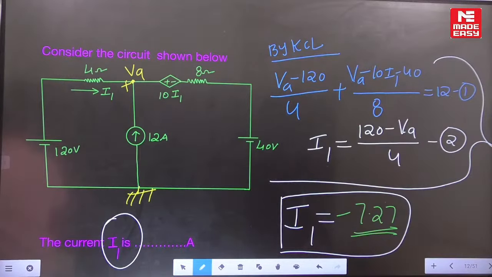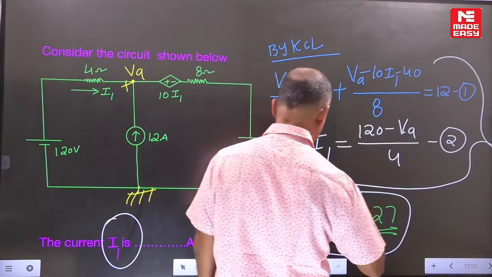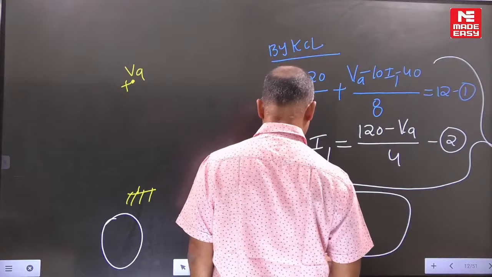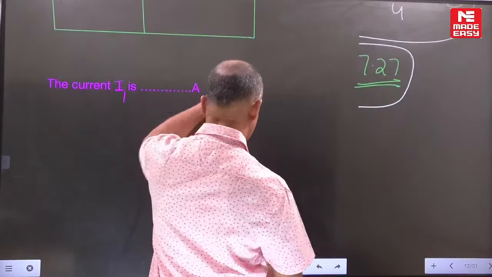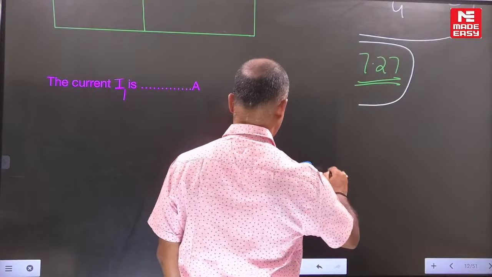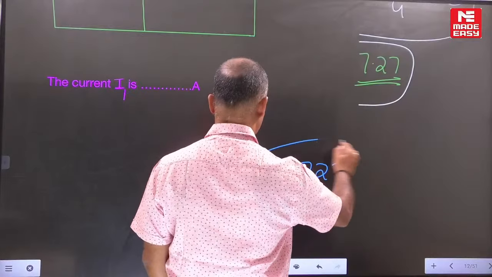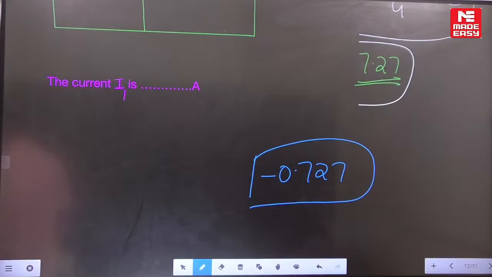Different answers they are saying. Check, please. Verify the answers. Somebody is saying minus 7.27. Which one is the correct answer? Minus 0.27 or 7.7? What is the correct answer?